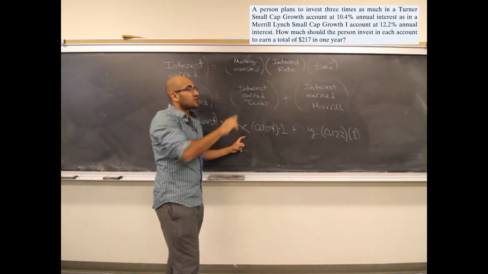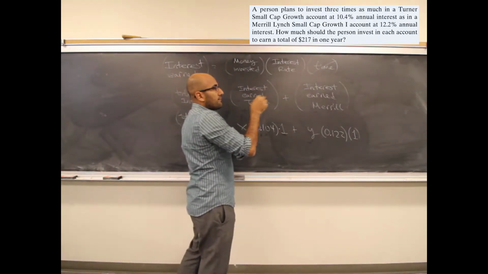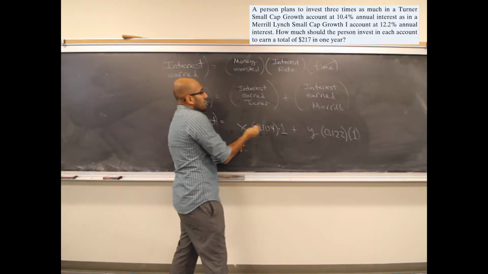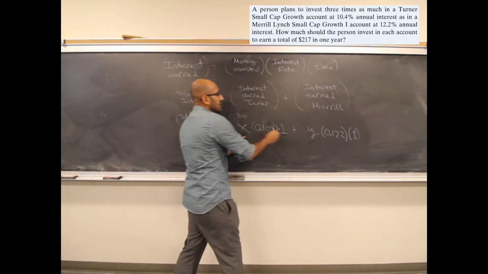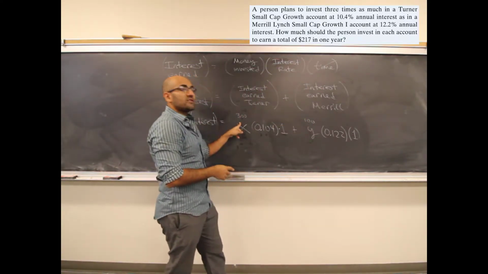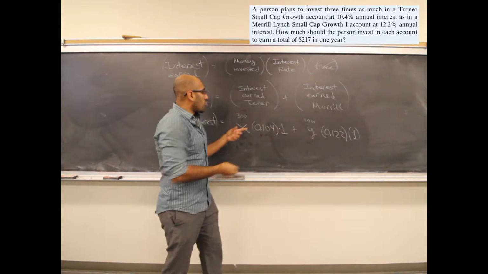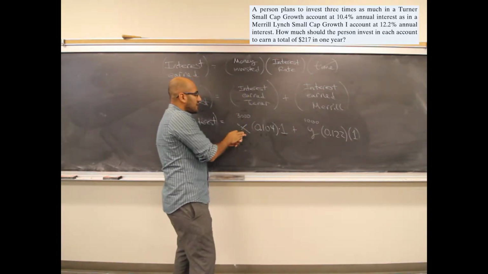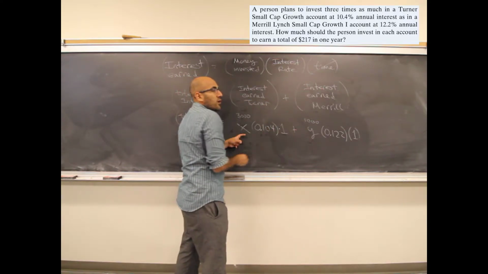One possible answer that is consistent with the idea is that maybe we invest 300 into here, which means we invest 100 into there. This one's 3 times bigger than that one, right? Or maybe it's 3,000 into here and 1,000 into there. But whatever it is, X is definitely bigger than Y.